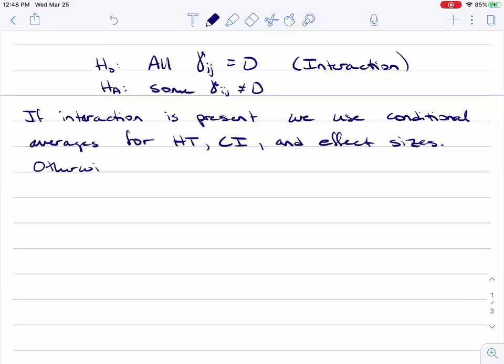Otherwise, we can use marginal averages.